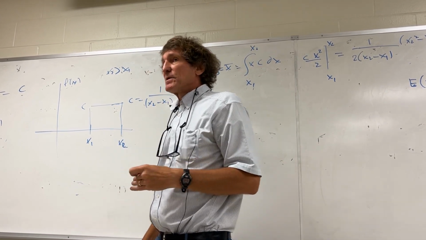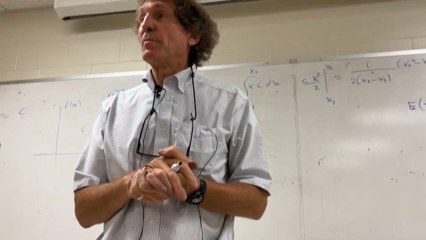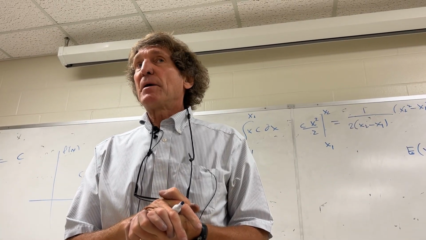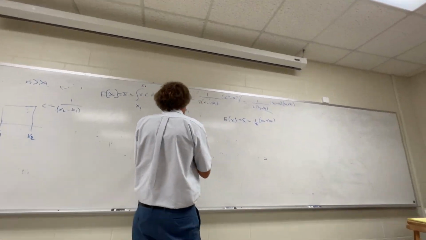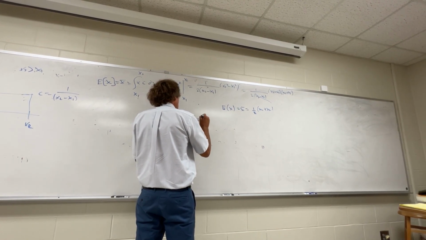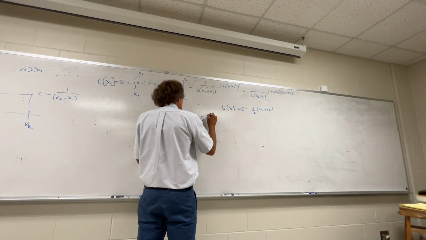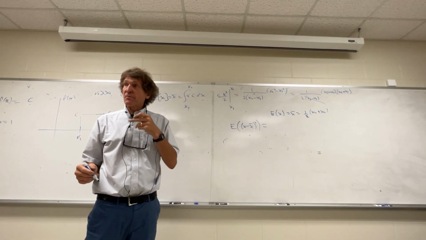Now the second moment is a little trickier, but I'm going to give it to you. I'm going to give you the second central moment, then we'll get the second moment. By the way, you can do this numerically. So how would I get this expected value, now that I've got the mean, of x minus x bar squared? Remember, I have the mean. I can do it formally, right?